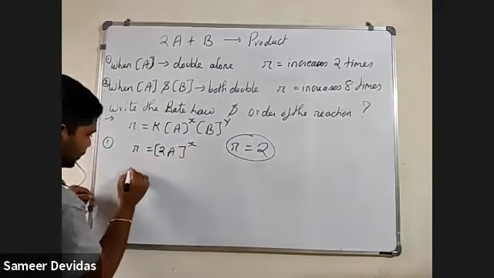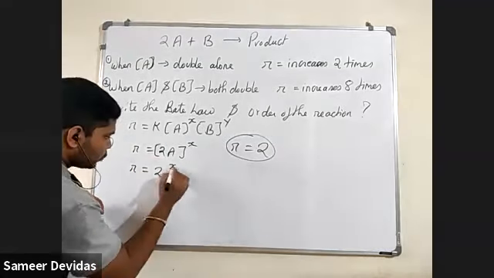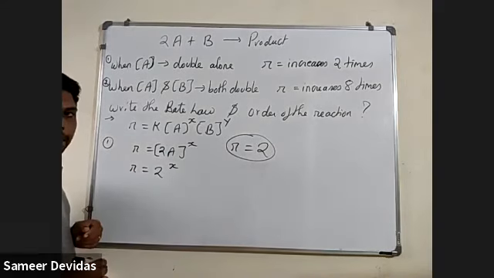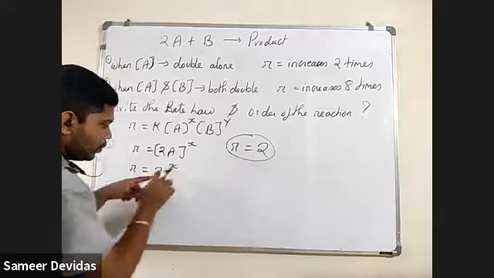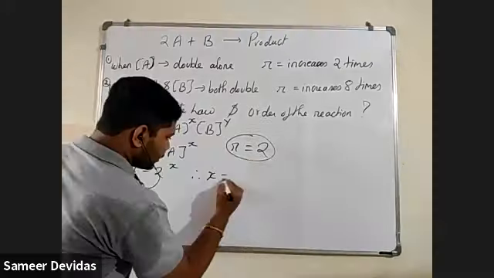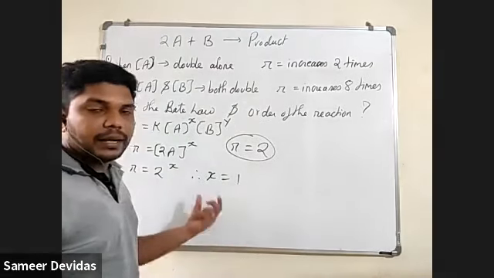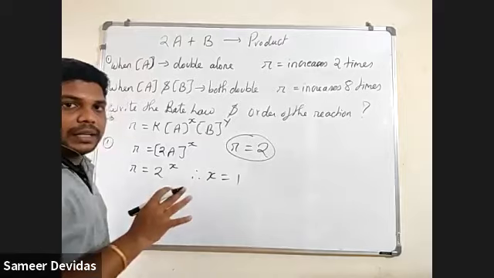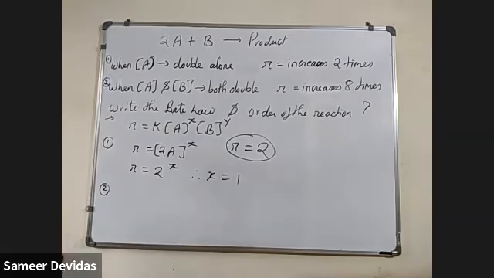So R is equal to 2A raised to X, so R is equal to 2 raised to X. To get 2, what should X be here, students? 1, sir. Very good. So X should be 1. We have found out that X is 1. Any doubt till here? No, sir. Okay, good. Then we'll go for the second one.